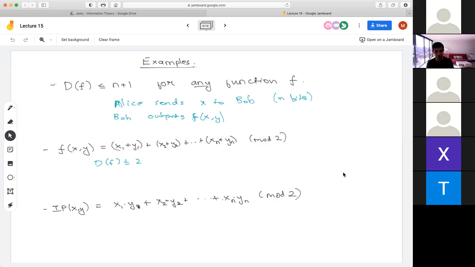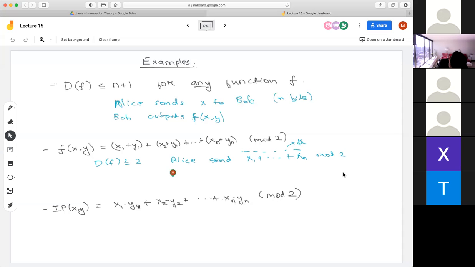Yeah, you can do it with 2 bits. I'm starting with protocols where Alice starts the communication, because it's nice to go in that order, but you can start either way. Alice sends the sum of x1 to xn, which is 1 bit, let's call it A, since Alice sent it.